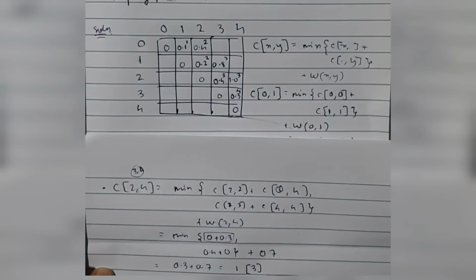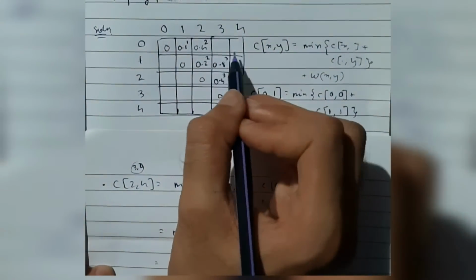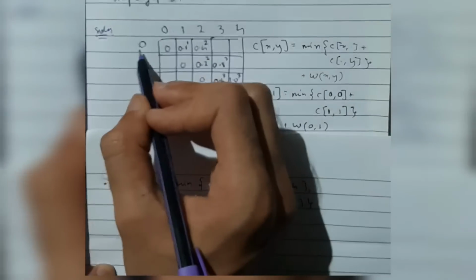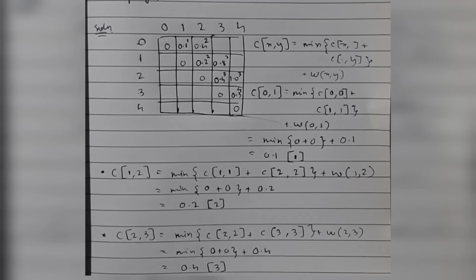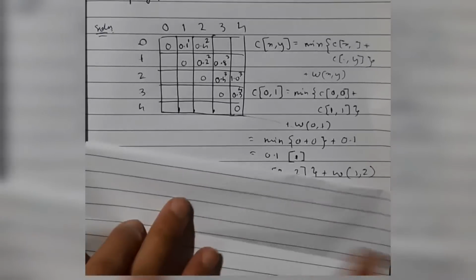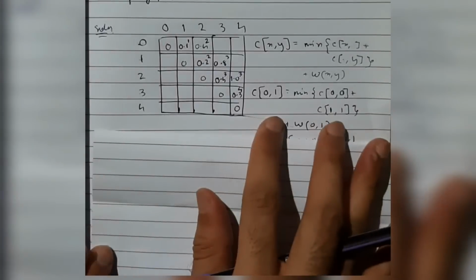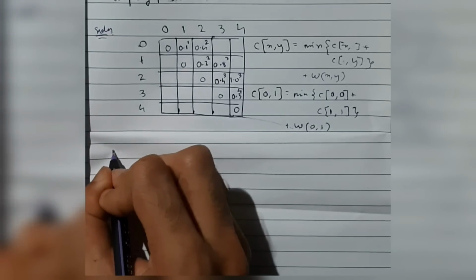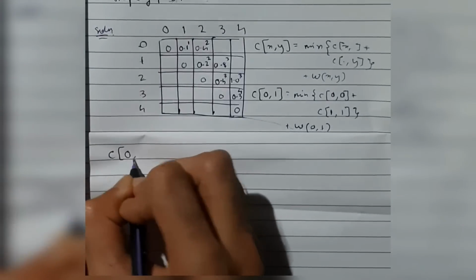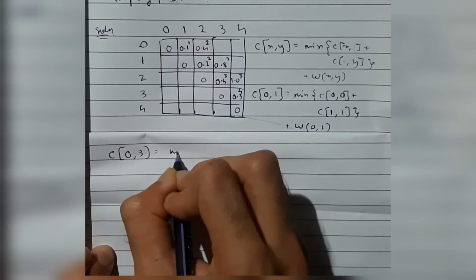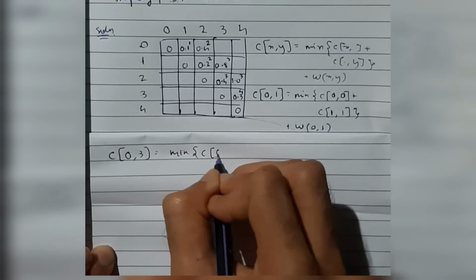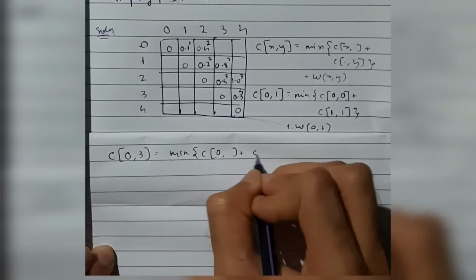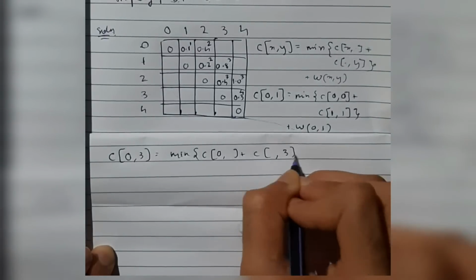In the same way, I'll be filling the second last diagonal. So we have to find out the cost of 0 and 3. So in this case, we'll have 3 elements, among which we have to find out the minimum. C of 0 comma 3 is equal to minimum of C of 0 comma something plus C of something comma 3.